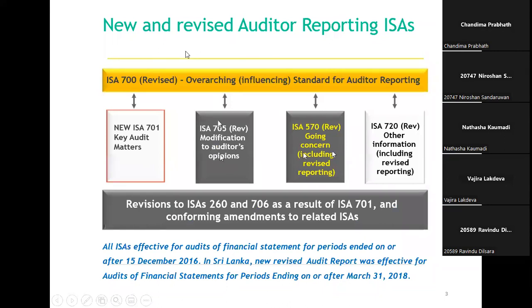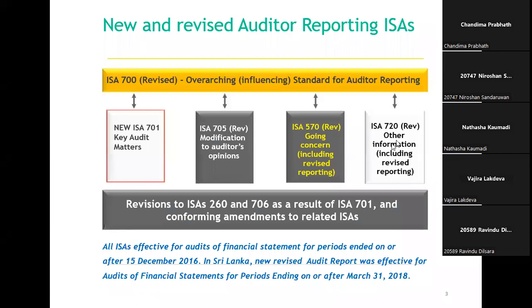Then with the auditor reporting standard, ISA 570 going concern standard was also revised. Then other information, 720. Other information means any information other than the financial statements in an annual report.